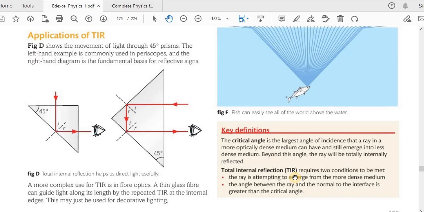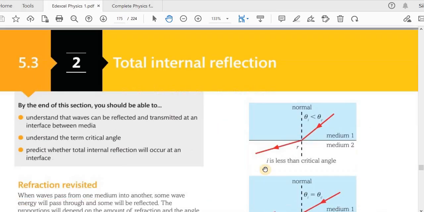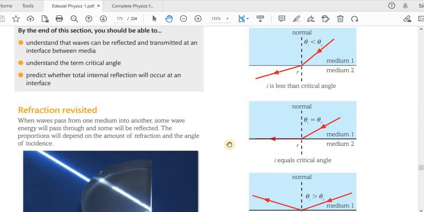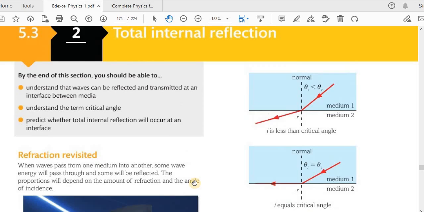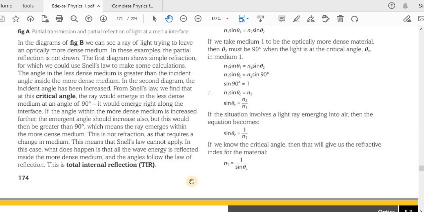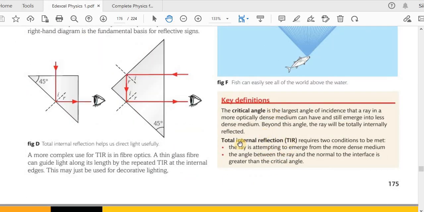Okay, then that's the end of that lesson, chapter 5.3.2, total internal reflection. So here you learned Snell's law, you learned critical angle, and you learned how total internal reflection occurs. It was also explained under the key definitions.